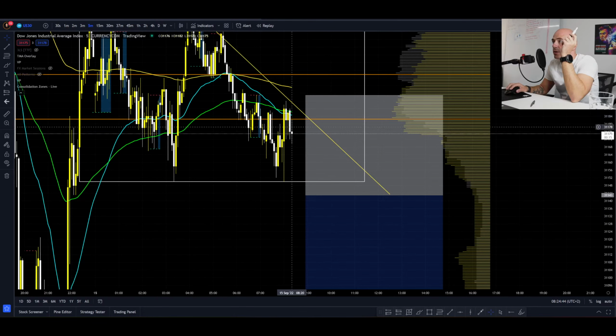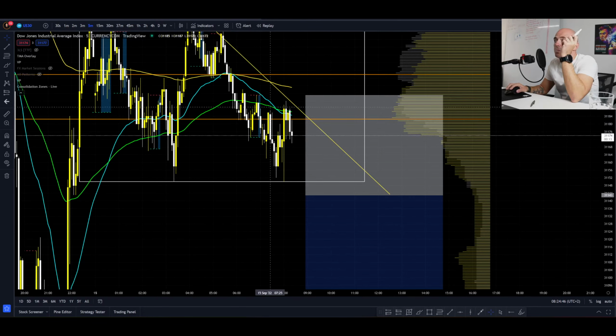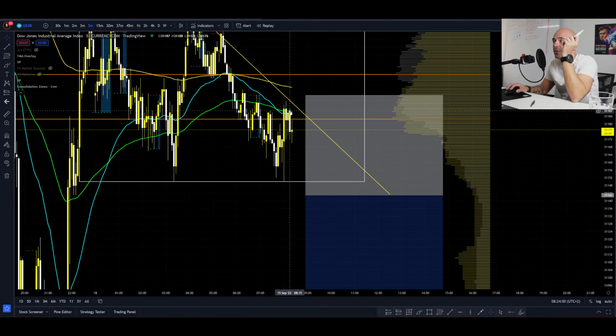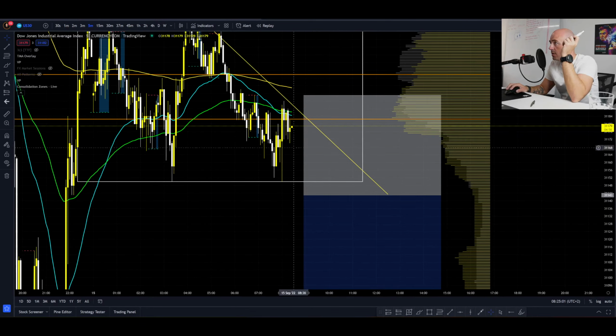We do currently have a nice rejection off of the 21. We had this crossover and price came up right after the crossover. You know how price likes to cross over and then come up and then continue. So let's just wait a little bit more.